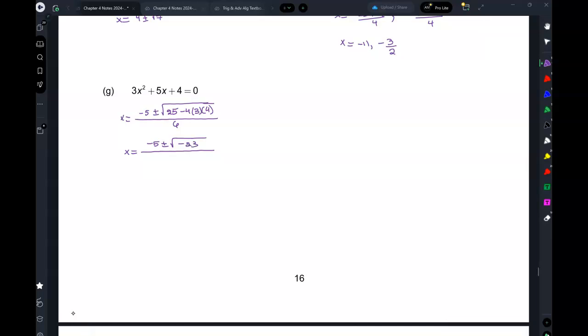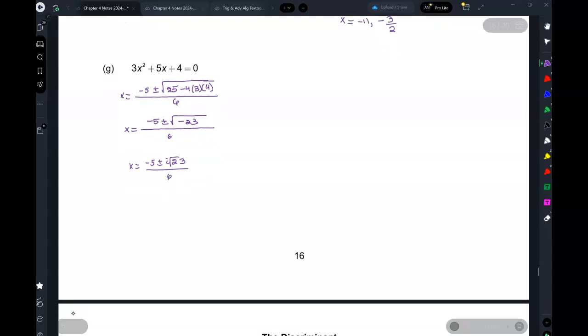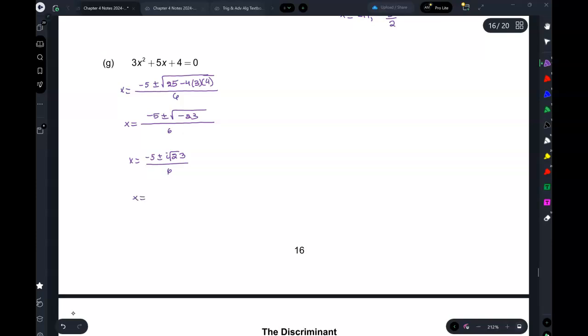Doesn't that feel like negative 23 to you guys? I know, right? That's the vibes it gives. Over 6. So x equals negative 5 plus or minus what? i root 23 all over 6, but you can't mix those complex numbers. So this is negative 5 over 6 plus or minus i root 23 over 6.